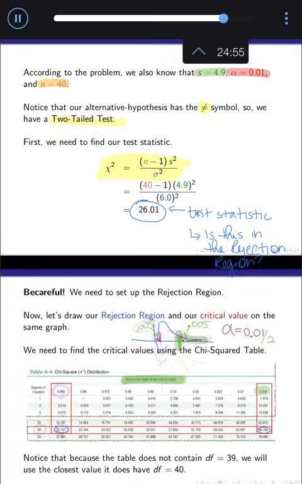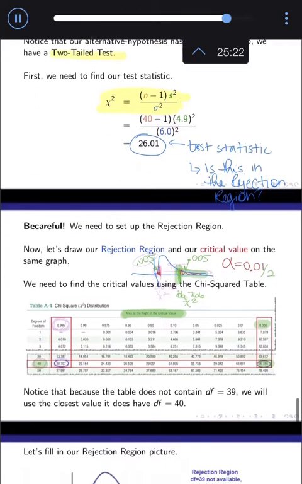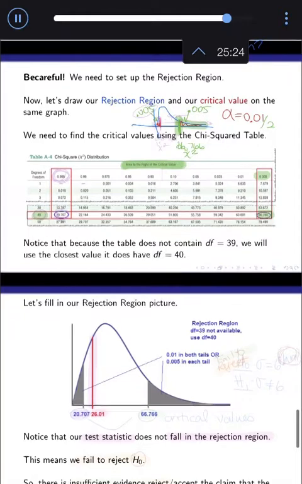What was our degrees of freedom? It was actually 39 because our n was 40. There is no 39 on our table, so we would use the closest, which would be 40. So we'd use the value for 40, which is 66.766. So that's the chi-squared value that makes up our upper end of our rejection region.